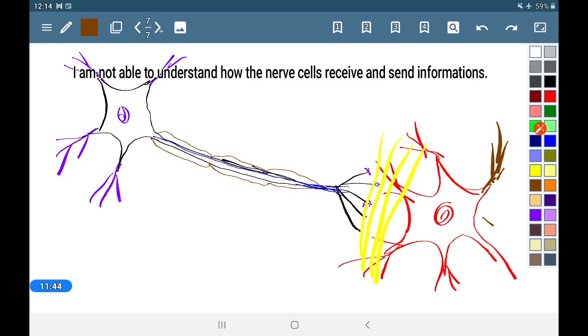Okay, Suresh Hembram asked how nerve cells receive and send information. So you know that this is the cell area, the cyton, and these are called the dendrites. Dendrites will at first collect the information. What kind of information? It can be mechanical, electrical, or chemical.